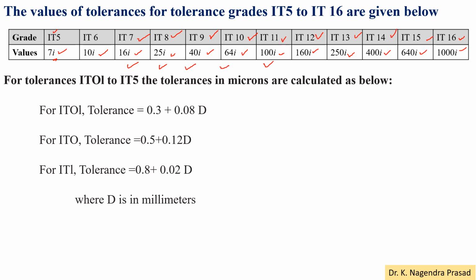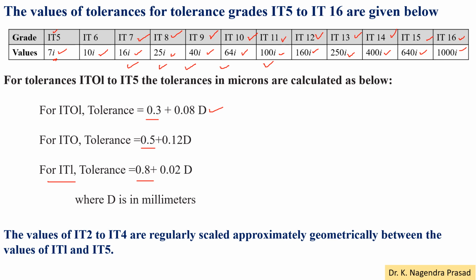For IT01, tolerance value equals 0.3 plus 0.08 into capital D. Similarly for IT0, tolerance value equals 0.5 plus 0.12 into capital D. For IT1, tolerance value is 0.8 plus 0.02 into capital D. Here capital D is in mm, and the values of IT2 to IT4 are regularly scaled approximately geometrically between the values of IT1 and IT5.